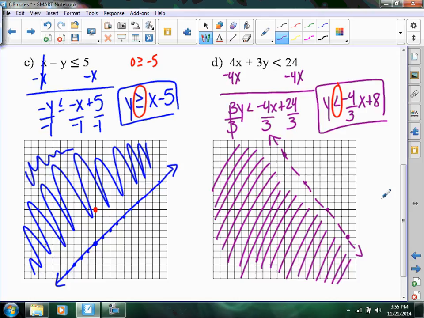I can't really demonstrate that on the Smartboard software here. Okay, and again, if we wanted to pick a point to test, 0, 0 is clearly on one side of the line or the other. So 0 is less than negative 4/3 times 0, which is 0, plus 8 is 8. 0 is less than 8. Yes, it is. So that's definitely where I'm going to shade.